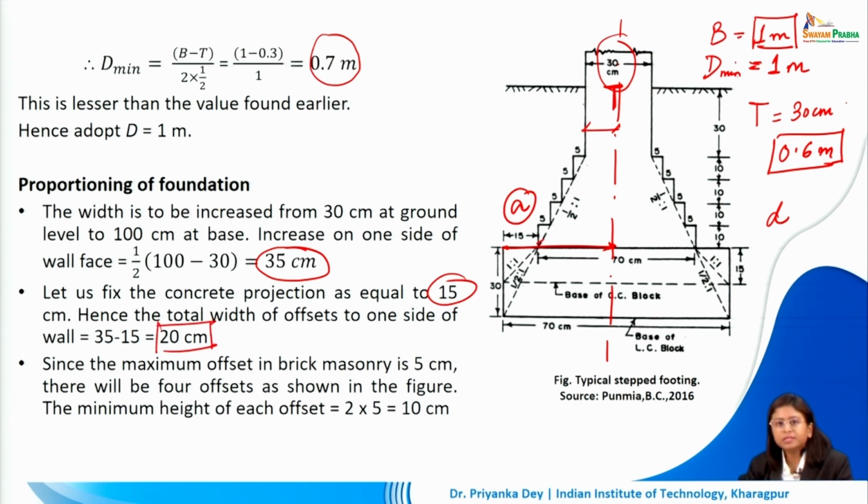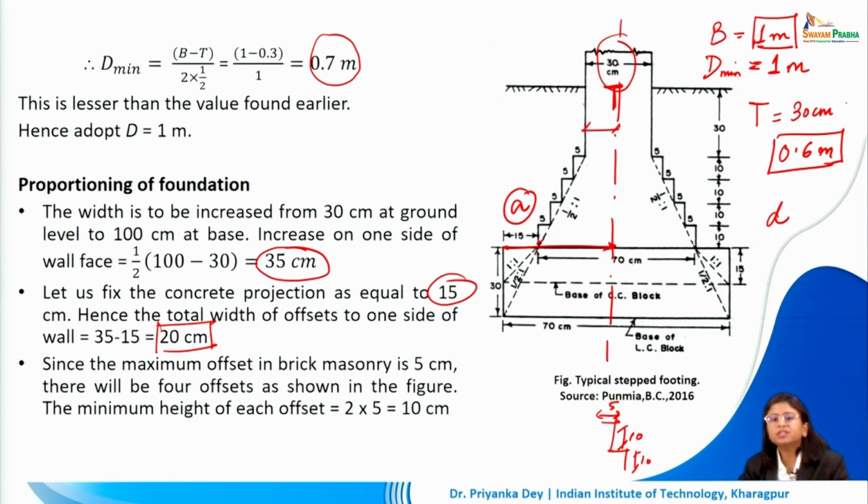Now in the previous discussion, when we were talking about masonry offsets, we had discussed how we would keep that as a thumb rule to about 5 centimeter and the height would be about 10 centimeter. So we had determined it would be something like 5 and depth in 10 as we move along.